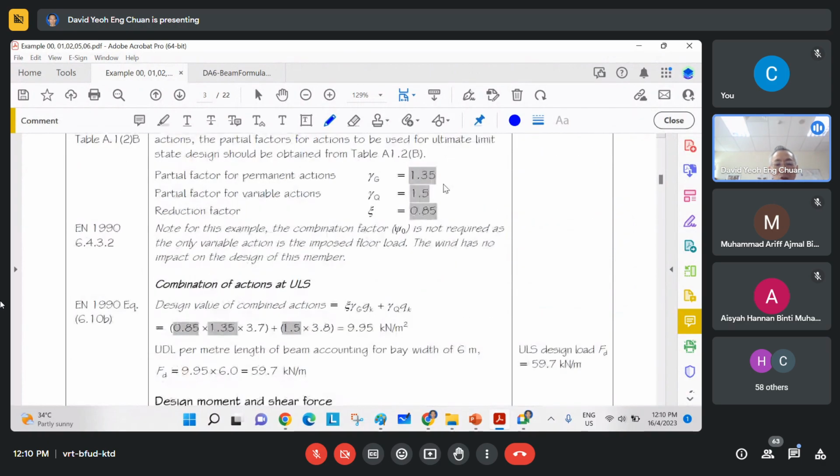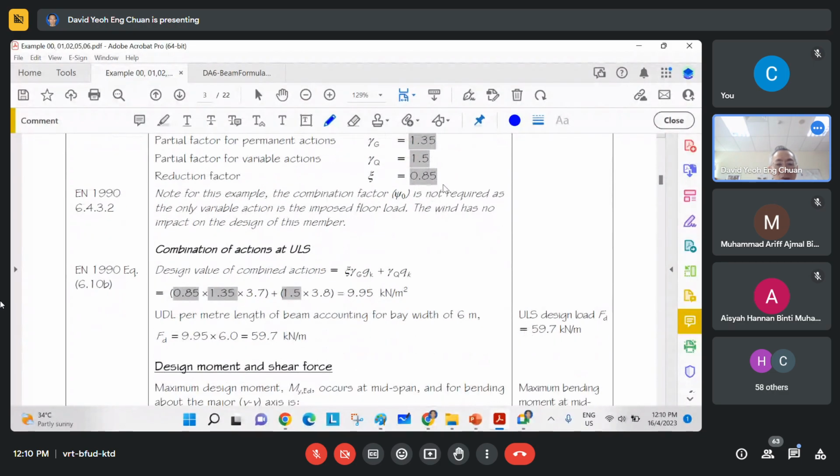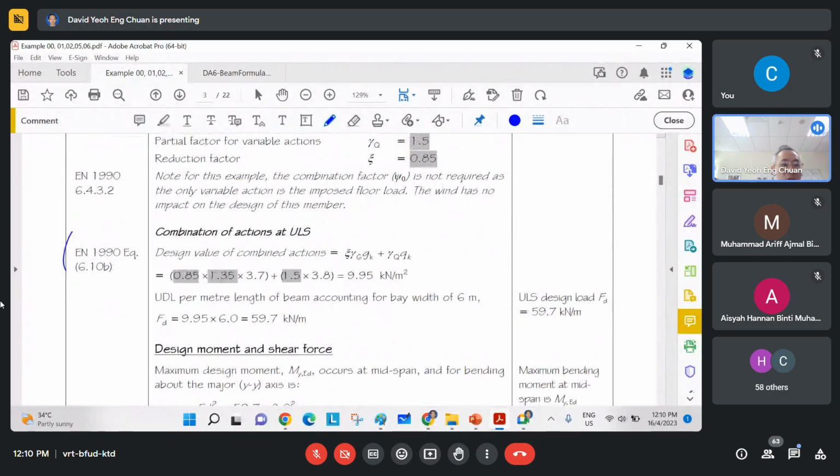And then we do the load factorization. In this case, they use this equation from Eurocode 0. They have this reduction factor. If you don't want to use it, it's fine. You just go with this and with this, 1.35 and 1.5. Assuming this is what it is, it's 60 kilonewton per meter.